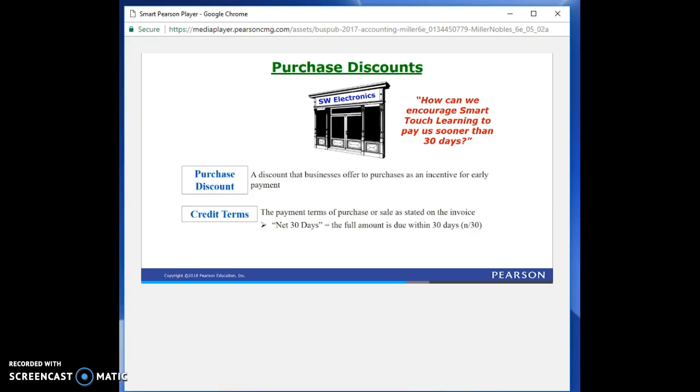But if you see something like this, 3/15, net 30, that means the purchaser, Smart Touch Learning in this example, can deduct 3% from the total bill if it pays Southwest Electronics within 15 days, 3/15. Otherwise, the full amount, the full $35,000, is due within 30 days, N/30. So this is a way that Southwest Electronics can encourage Smart Touch Learning to pay them sooner than 30 days.